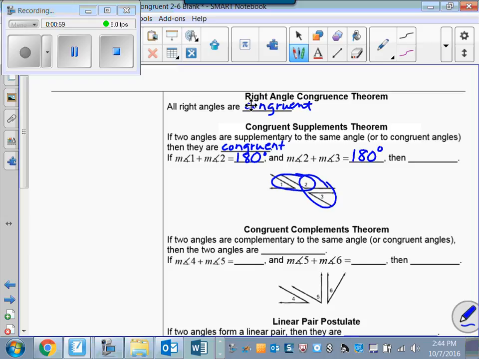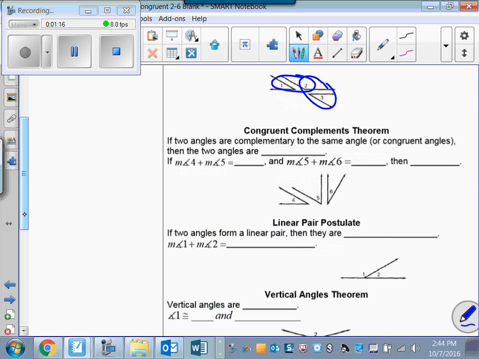I know that they are congruent. So angle 1 is congruent to angle 3, right? Since they're both supplementary to angle 2, they have to be congruent.